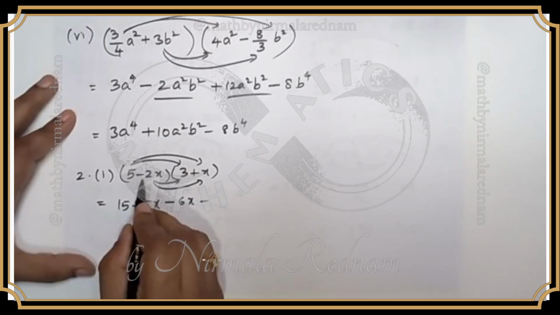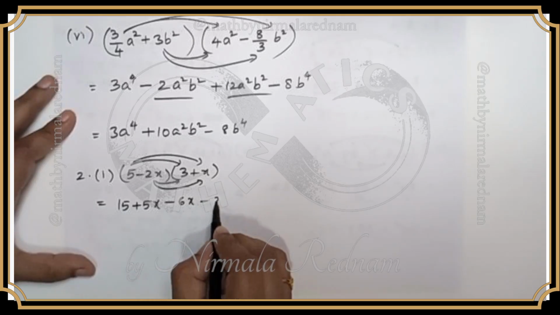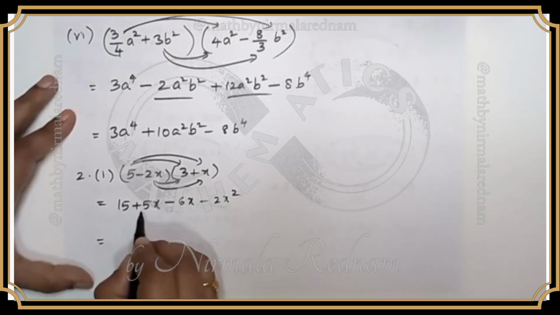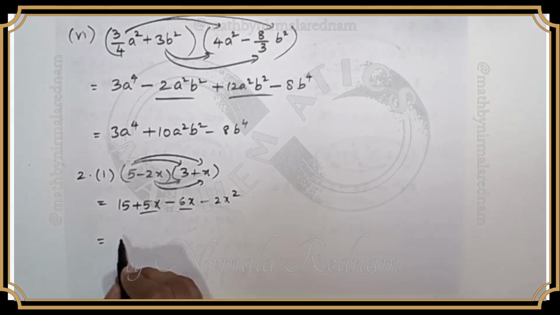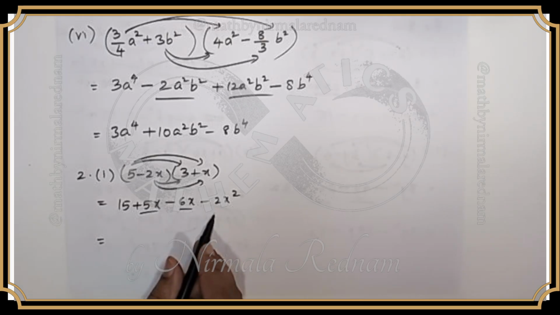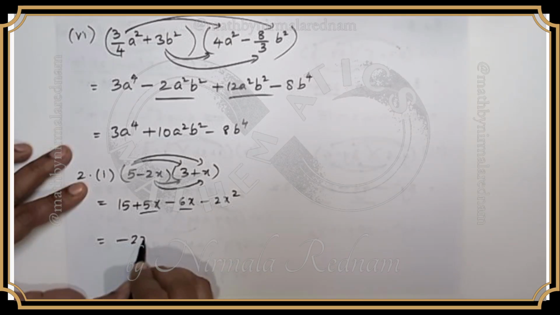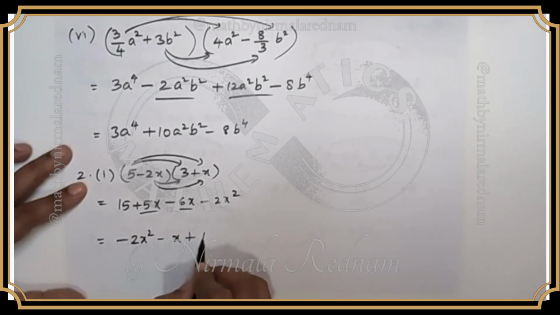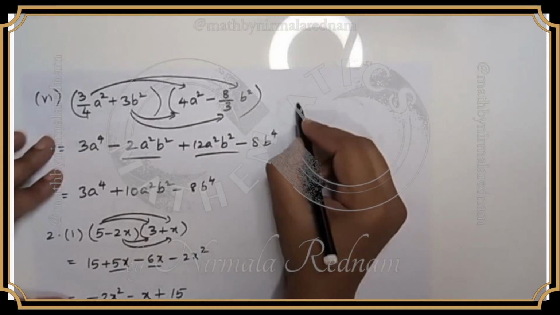You have to be careful whenever you have a minus sign. Okay, minus 2x square. Are there any like terms? Yes. So now I'm going to write it in standard form, that is the x square term I will write first. Minus 2x square minus x, 5 minus 6 is minus 1, and then plus 15. Right? So this is your first sum.